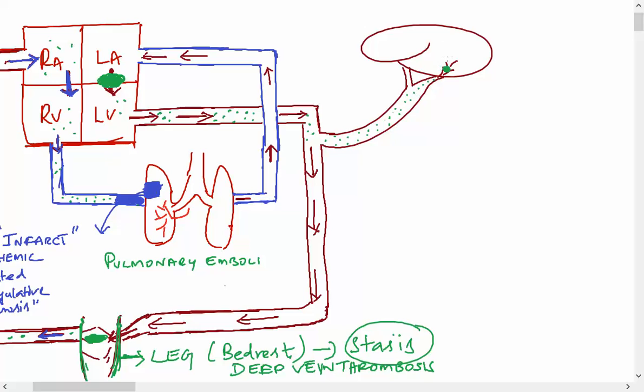This will produce liquefactive necrosis because it is brain. Understand? So this is the area of necrosis created due to what? Due to blockage in the blood vessel. Due to what?